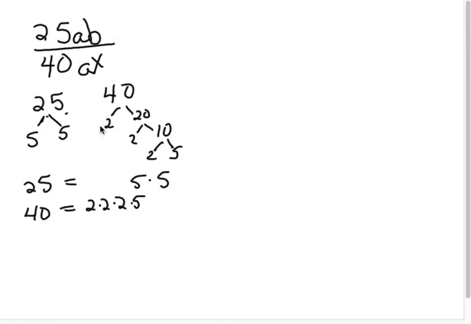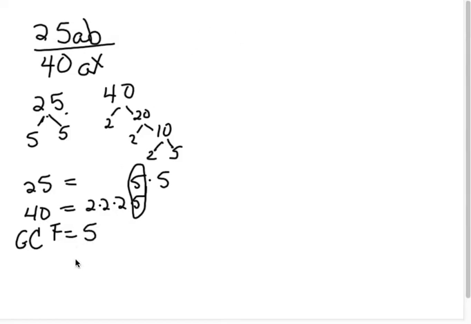I'm also going to count 1, 2, 5's, and then I'm going to count here 1, 2, 3 2's, and then a 5. And a lot of you are circling your prime numbers, and that's very helpful too. You don't have to do that. So my greatest common factor then is going to be 5, because that's the only thing that's there.